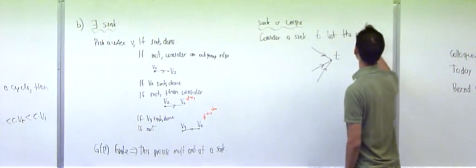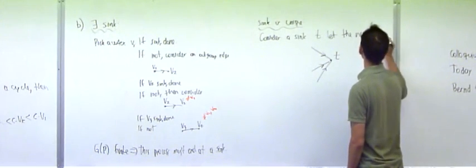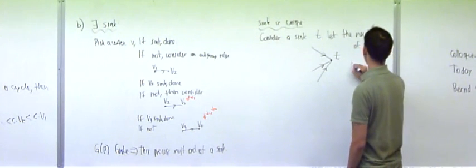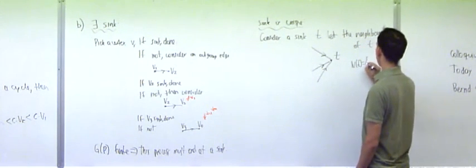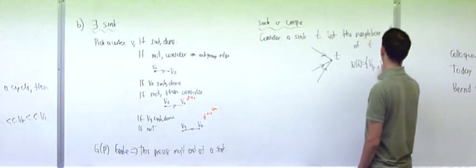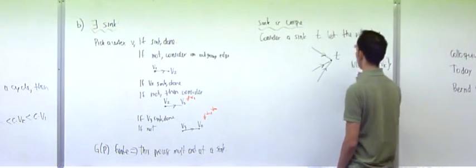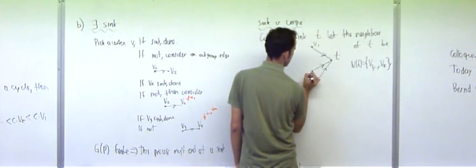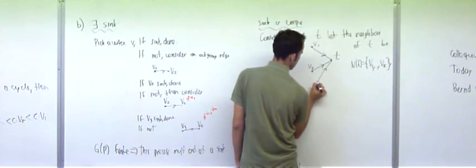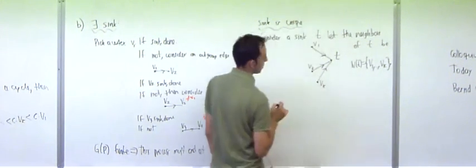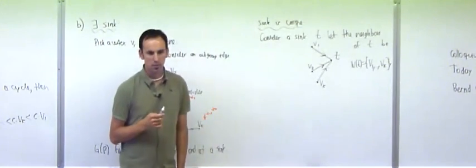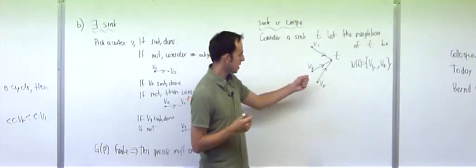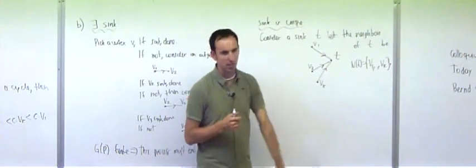Let's give names to the neighbors. Let the neighbors of T be, let's say N(T) equals V1 up to Vk. So these are the neighbors of T in the graph. They are the vertices V such that VT is an edge.